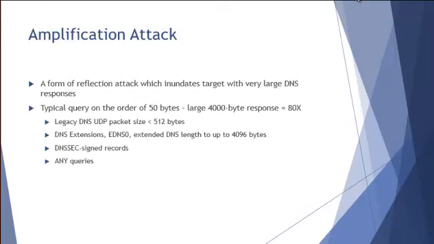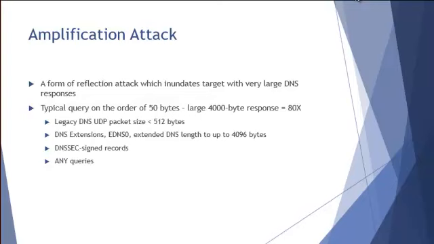So just to illustrate what I mean by amplification, the answer is amplified with respect to the question. So you have a reflection attack where, let's say, the typical query on the order of 50 bytes, a 4,000 byte response would be an 80 times amplification. So that's basically where for each of my 50 byte queries, I'm getting a 4,000 byte attack to my target.